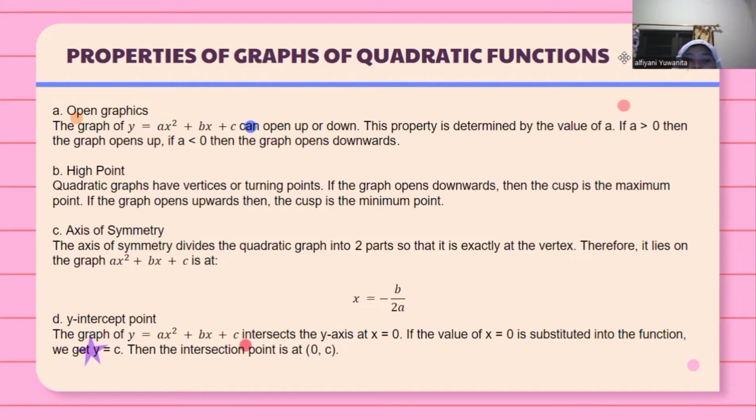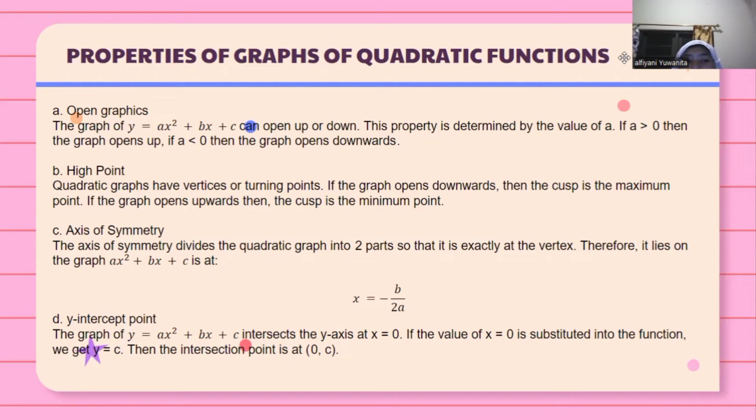The axis of symmetry divides the quadratic graph into two parts, so that it passes exactly through the vertex. Therefore, it lies on the graph ax squared plus bx plus c at x equals minus b divided by 2a.